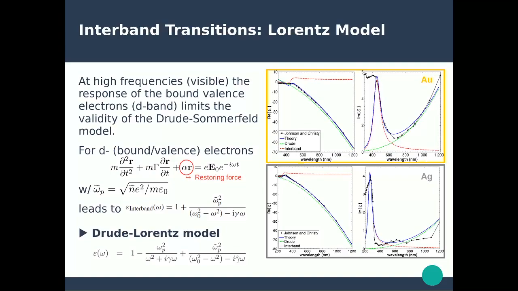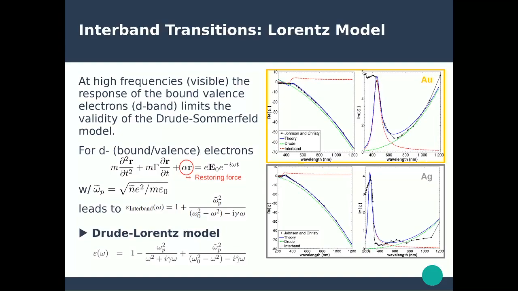We have a very good overlap with the experimental dielectric permittivity, and as you increase the frequency or decrease the wavelength, you see that you deviate from those interband transitions that you see here. So we have this large contribution to the electric permittivity, which are the interband transitions, and the Drude model fails to describe this high energy region. The same for silver in this particular region below 400 nanometers wavelength.